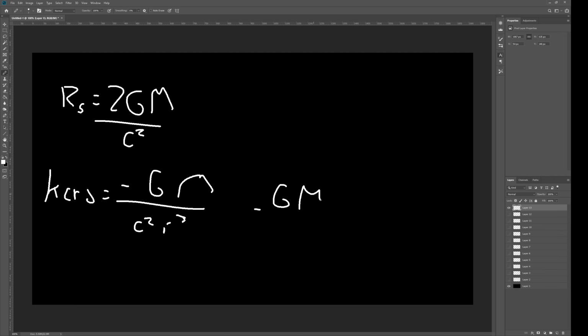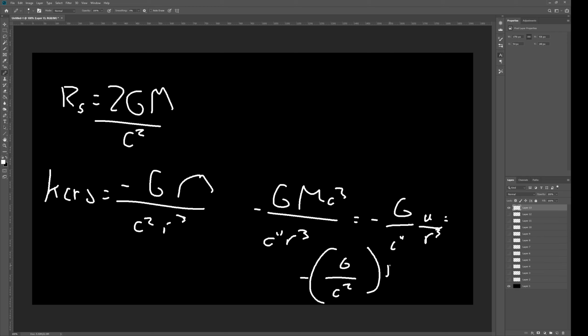Then it simplifies to negative G over c to the fourth, times u over r cubed. This is just the curvature of space-time, where we have something like this, and this is r.